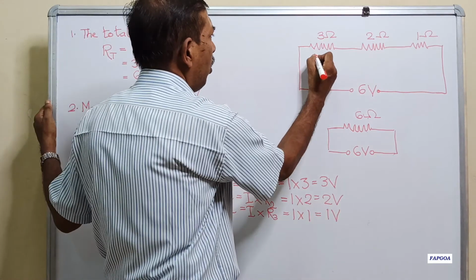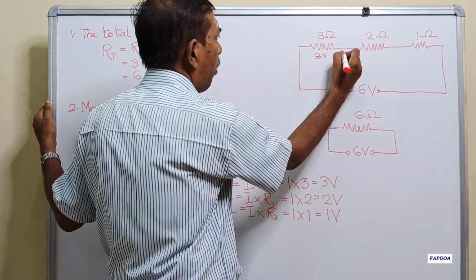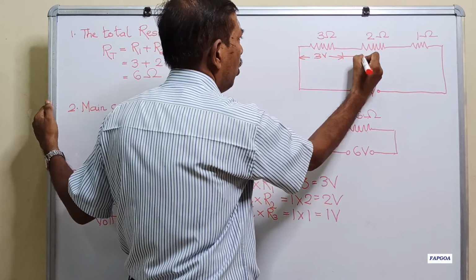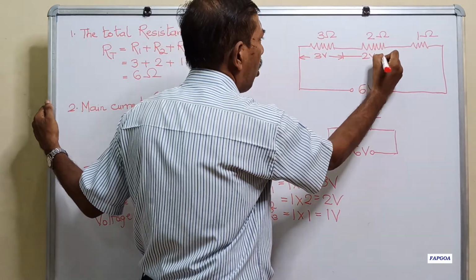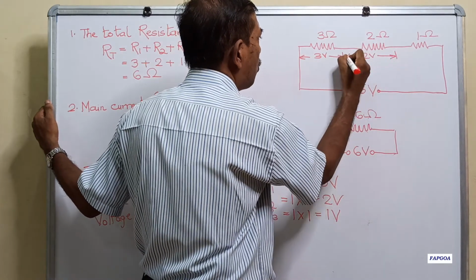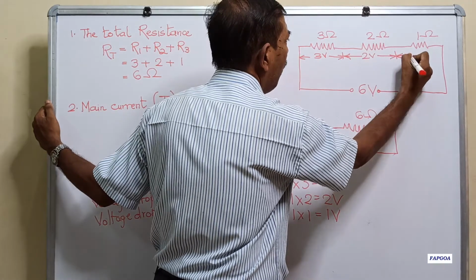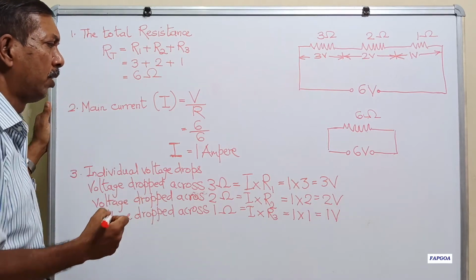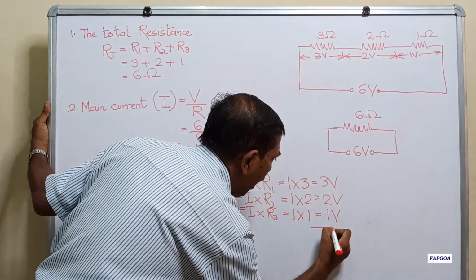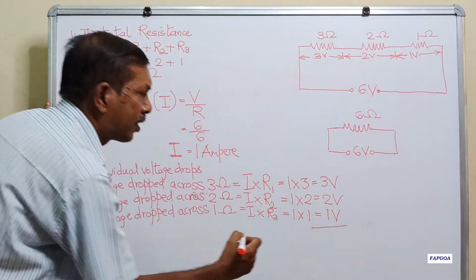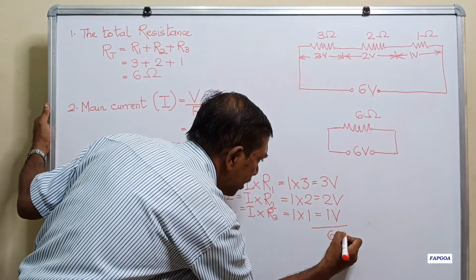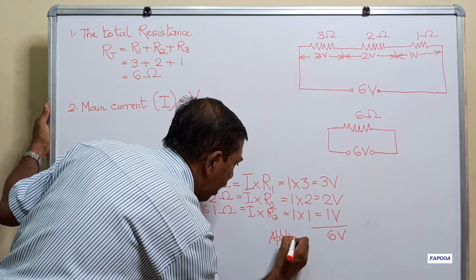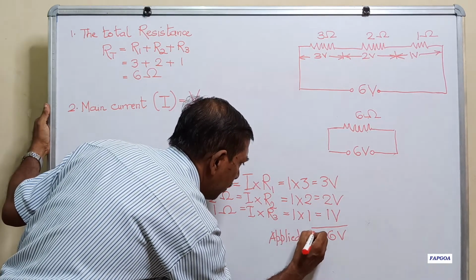So 3 volt will be dropped across 3 ohms, 2 volt across 2 ohms and 1 volt across 1 ohm. If you add all the voltage drops, it becomes 6 volt, which is the applied voltage.